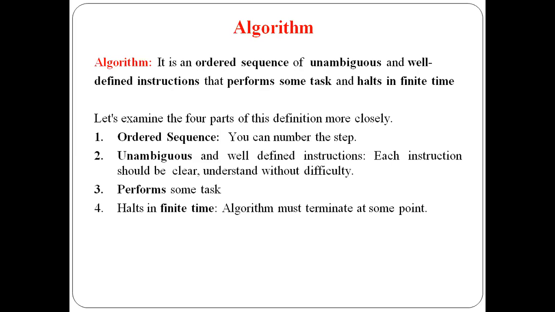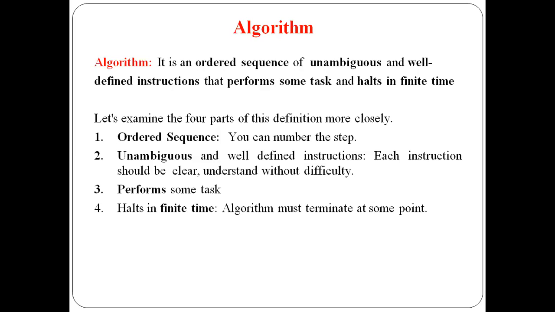As the definition itself suggests, we have four things in the definition. First thing is ordered sequence. Ordered sequence means you can number each and every step: step 1, step 2. Unambiguous and well-defined means each instruction must be clear. And we already know that a computer is similar to a small baby. It will blindly follow whatever instructions you give.